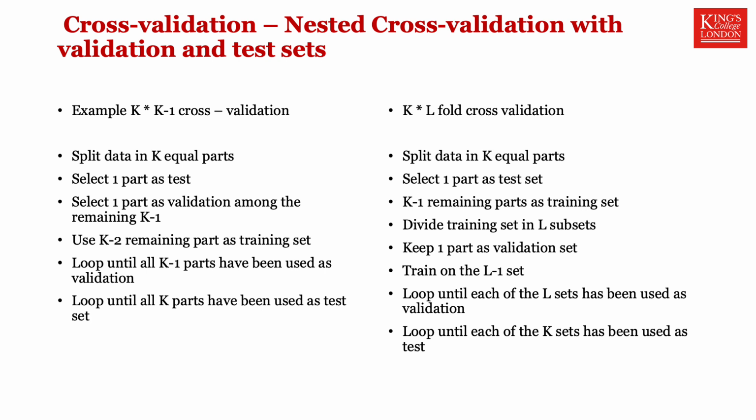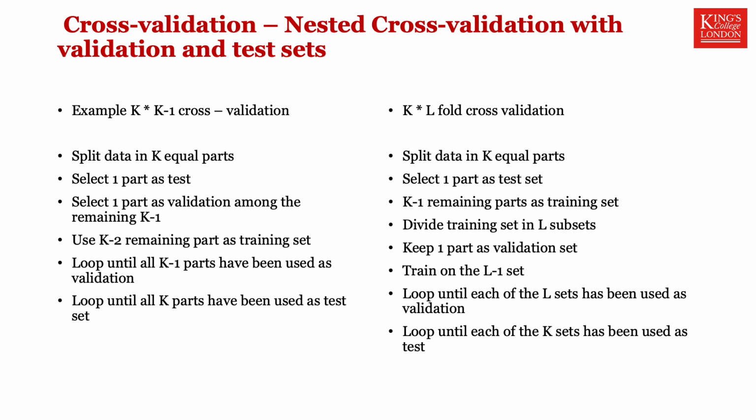You have two internal loops to go through: the loop that goes through every single L set to choose as validation set, and the loop until each one of the k sets has been used as test. And again, in the optimal scenario, you would do this split multiple times to see overall what's happening, and each time you would average your results.